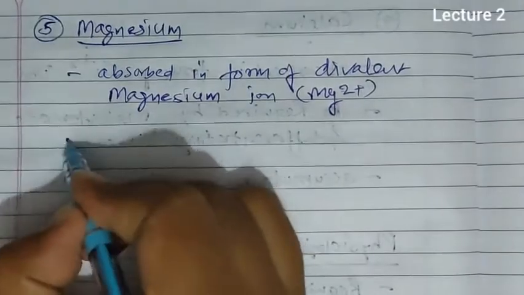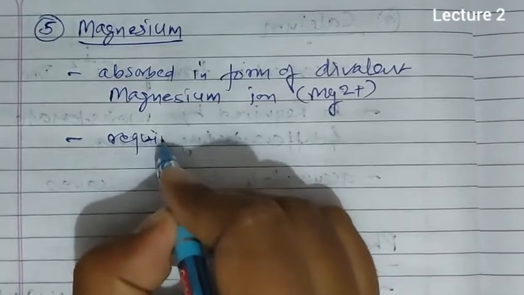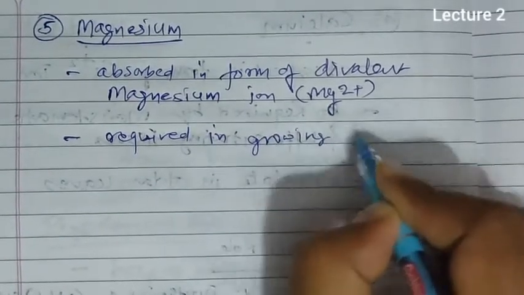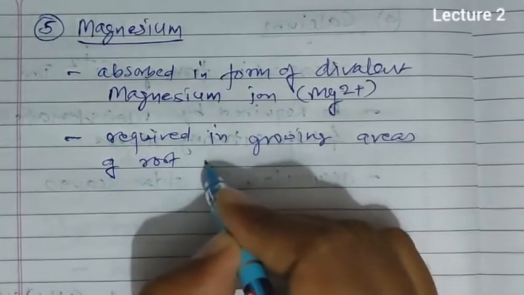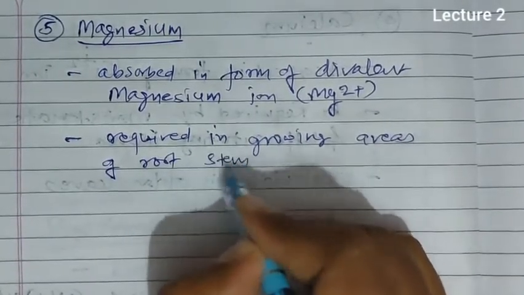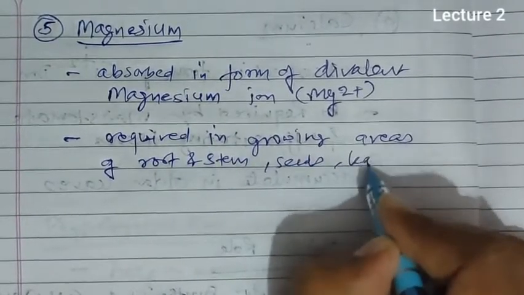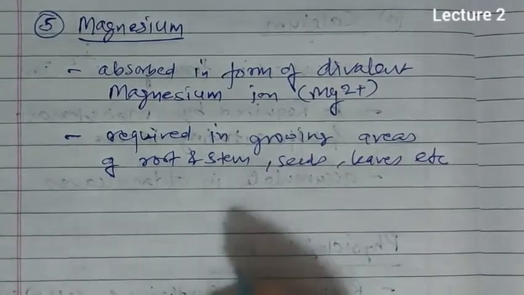When we talk about its requirement, it is required in growing areas of root and stem, seeds, leaves, etc. In all these parts it is required.